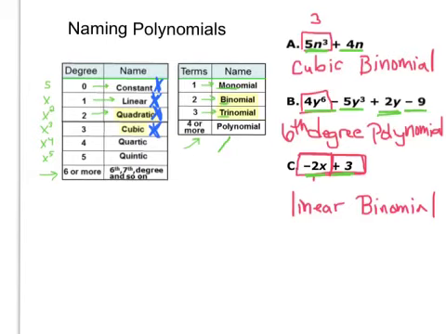So if you see something that has a degree of 3, you should tell me that that's cubic. Or if it's a degree of 2, that it's a quadratic. And then if it's a degree 1, then it's linear, and so on.